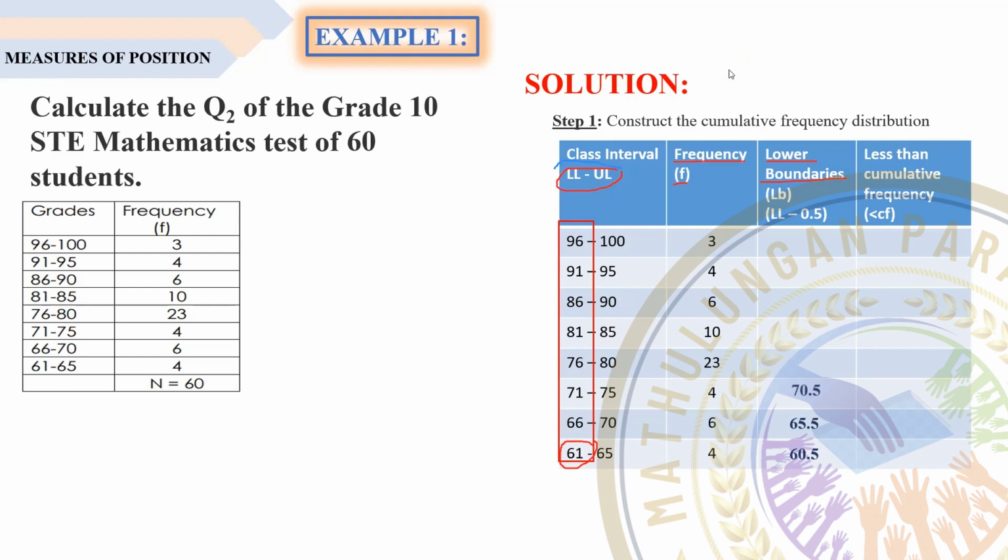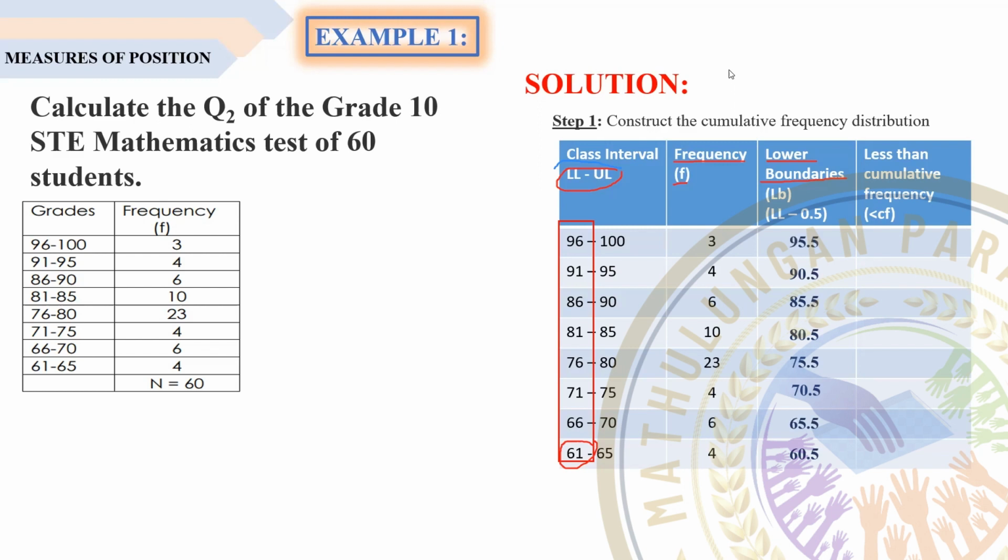Next is 76 minus 0.5, that is 75.5. Next is 81 minus 0.5, that is 80.5. Next, 86 minus 0.5, that is 85.5. 91 minus 0.5, that is 90.5. And the last lower limit is 96 minus 0.5, which is 95.5.